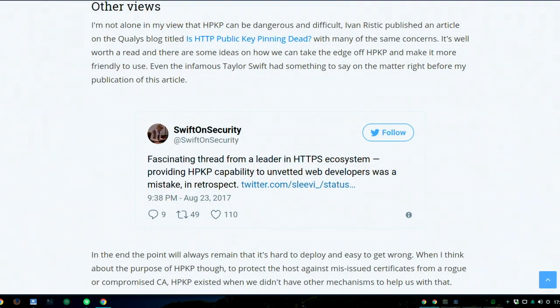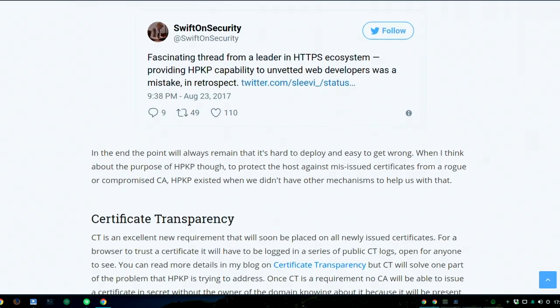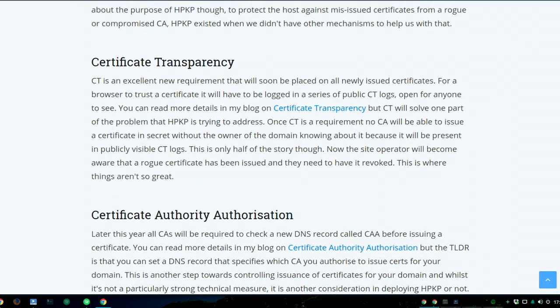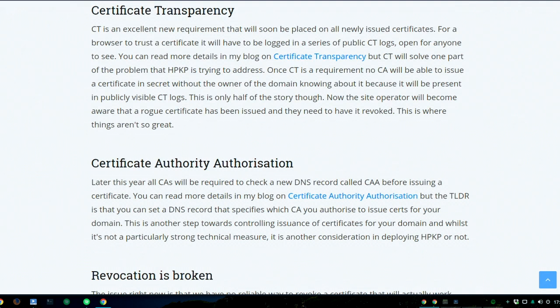Now, I've paraphrased what he said because the actual sentence didn't put forth the point that I just made as well as he originally said. So now he goes into a couple of things which are available now, which weren't available when HPKP came out. So what he's trying to say is use these tools instead, I think.